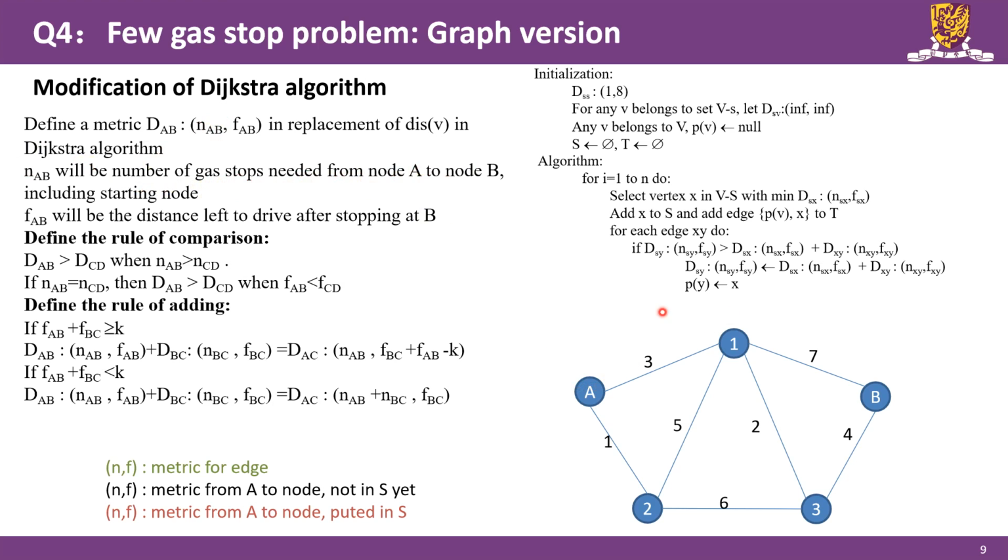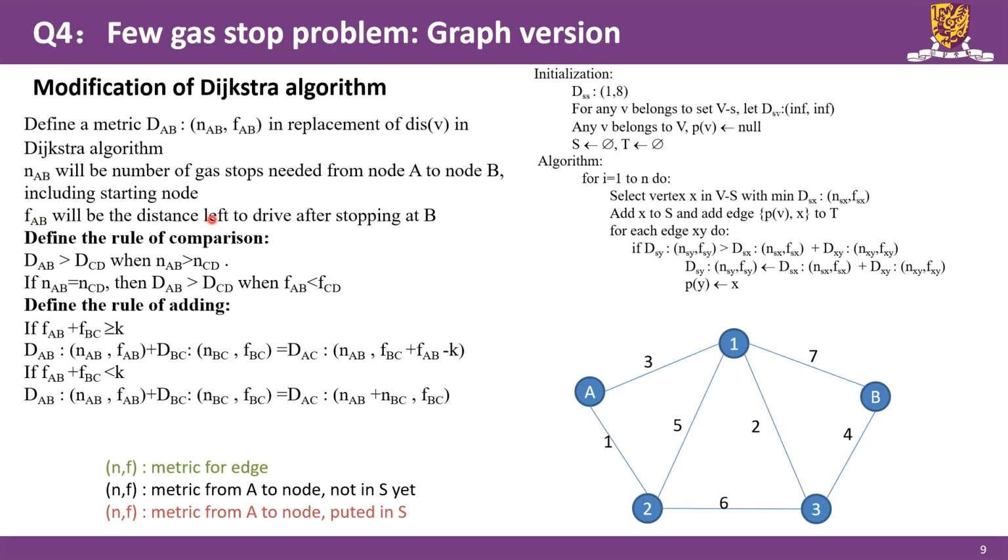For this specific example, say we take this path, A to 1 to B, and since we will have to stop at 1, then N_AB will be the number of stops including the starting point, that is A, and the stop at 1, so 1 plus 1 is 2. So N_AB, if we take this path A to 1 to B, will be 2.